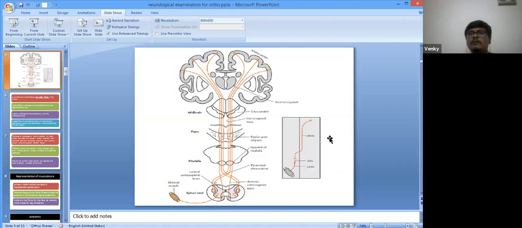If you flex or extend the neck, it results in an electric shock like sensation from head to below. So this is called the Lhermitte sign, sir. There is also a reverse Lhermitte sign, but the normal Lhermitte sign is enough for you to know. This is mainly due to involvement of the posterior column fibers.